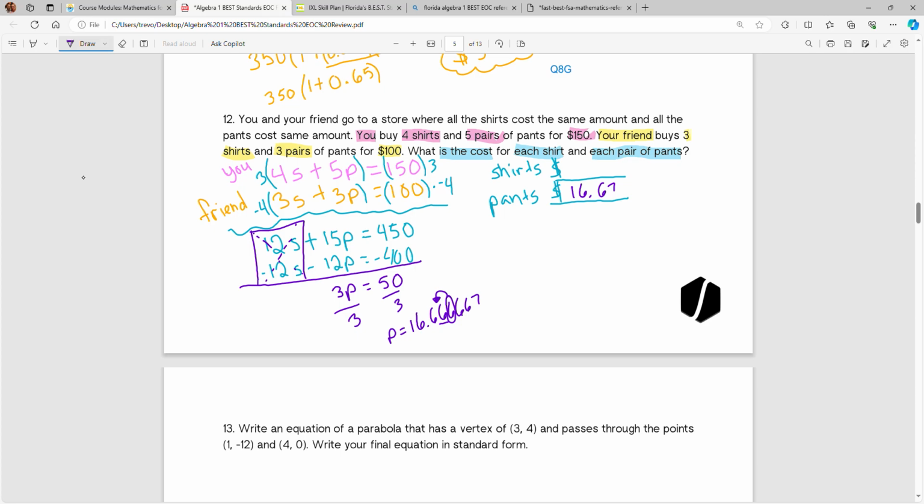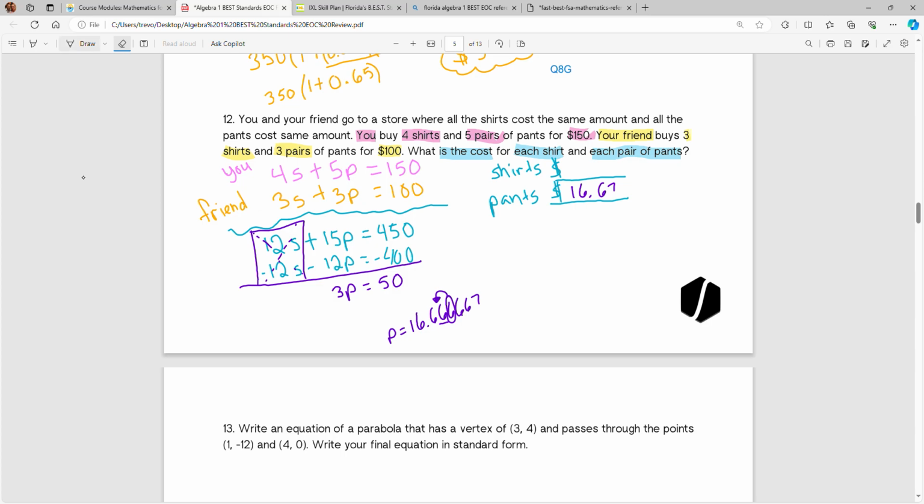And now we can take our value for P and plug it into our equation and find out how much the shirts cost. So actually, I want to look back at my original equation. So I'm going to erase this work here. Goodbye, blue. And if I erase this as well, I kind of see a shortcut.